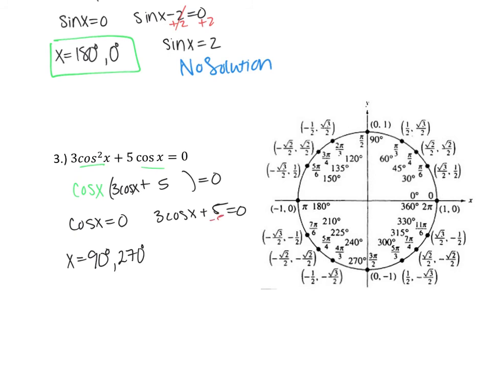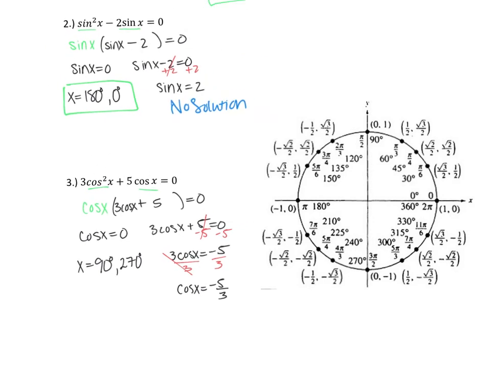For this one, I need to subtract 5, but I already have a feeling that this one won't work out because I'm already starting to notice the numbers are bigger than 1. So cosine x is equal to -5 over 3. When I see this value here, -5 over 3 is about -1.66, which is out of range.